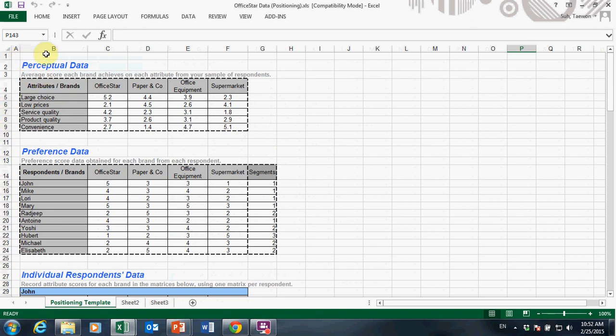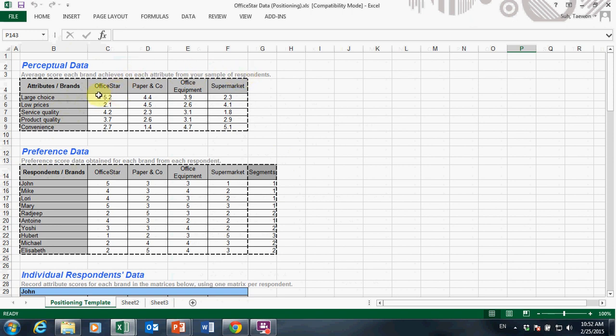The first is perceptual data, and the second is preference data. The perceptual data includes respondents' evaluations of different attributes. We have five different attributes over the different brands in the category.